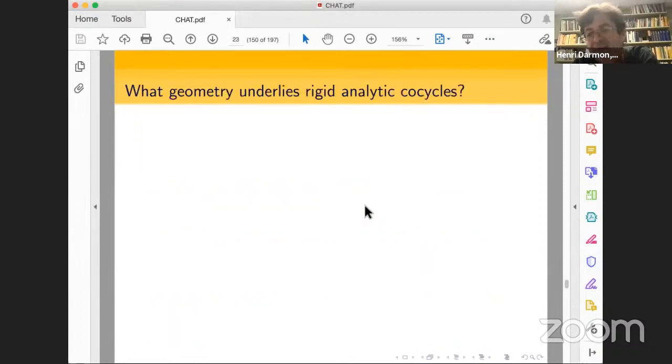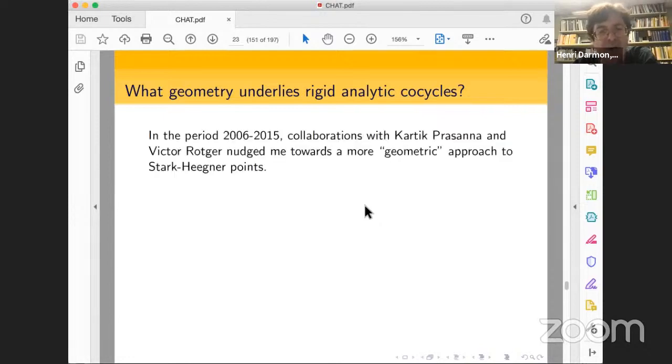Okay, so after this work, in some sense, I branched out a little bit. I diverged. I became more interested in what might be the geometry underlying these rigid analytic cocycles, both the elliptic and the Dedekind-Rademacher. And this is a question that I still don't really have any satisfactory answer to at all.